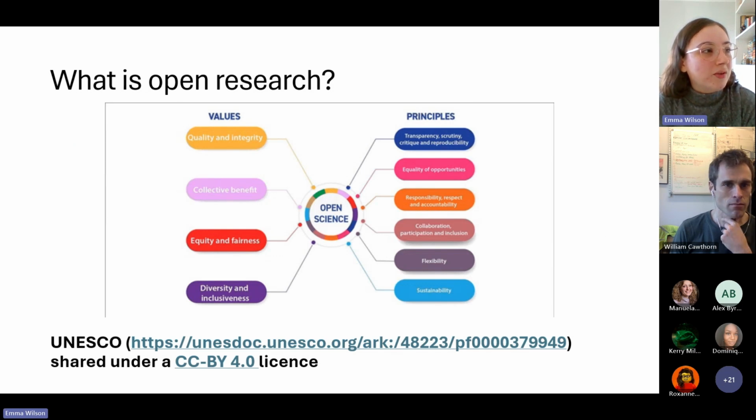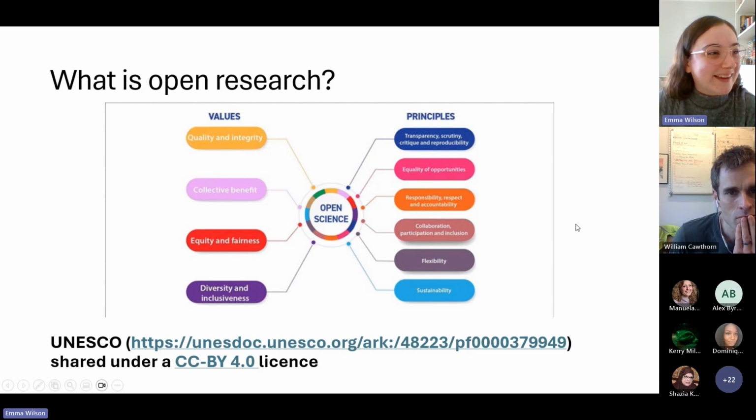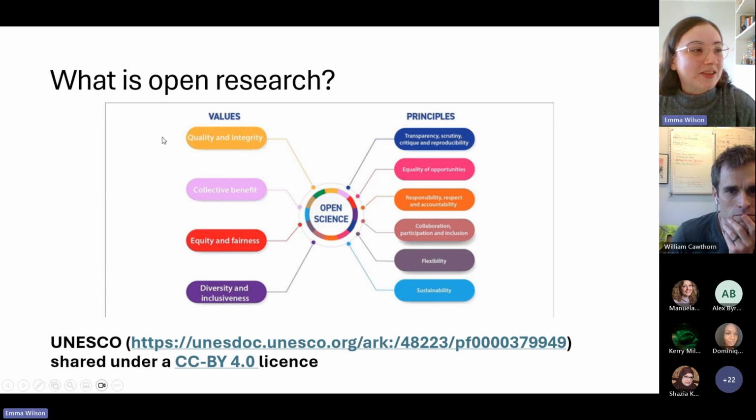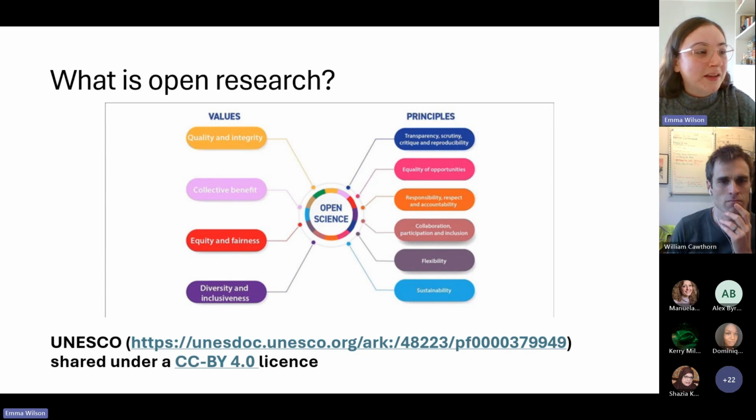UNESCO also has a set of values and principles. I don't know how well this shows up on the screen, because the text is quite small and the contrast of the text and the colours isn't fantastic. But they've essentially got 4 values and 6 principles. The values are quality and integrity, collective benefit, equity and fairness, and diversity and inclusiveness.